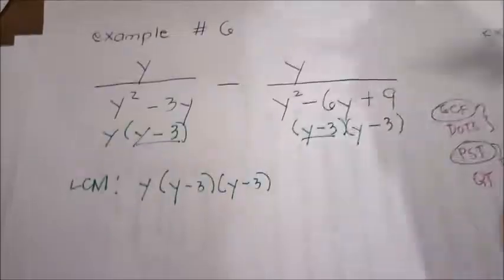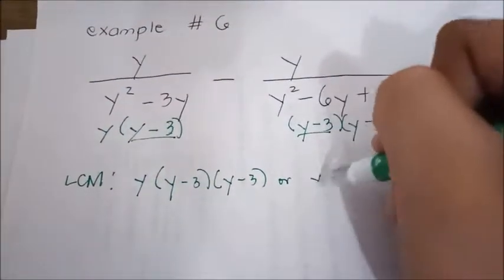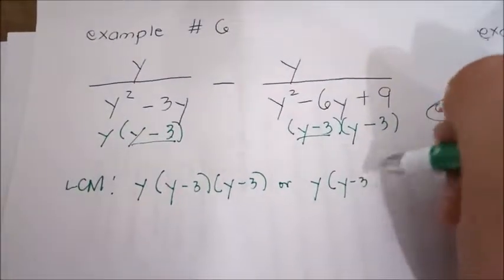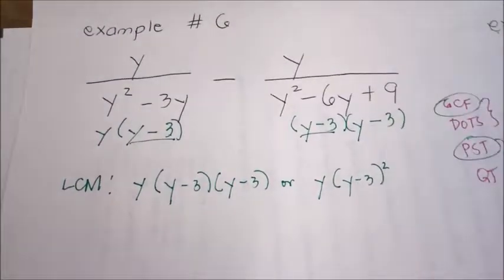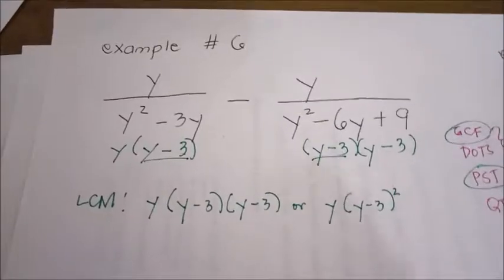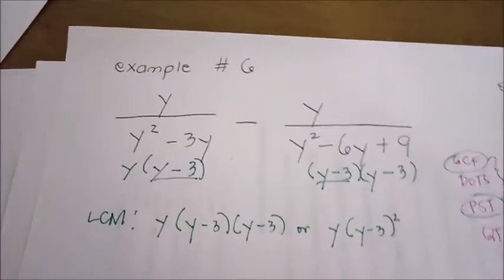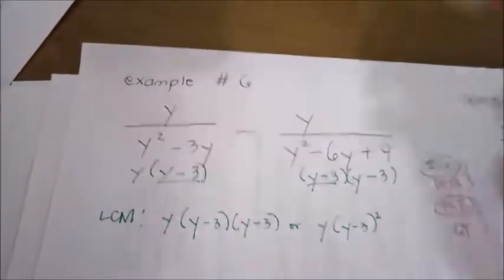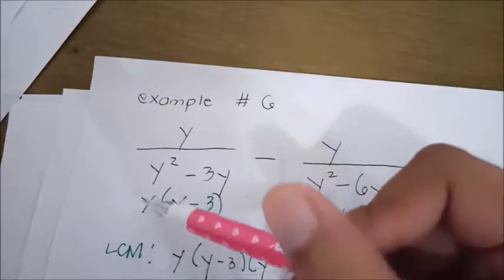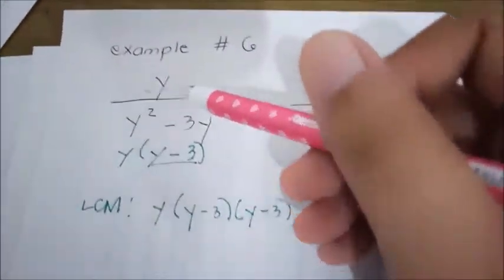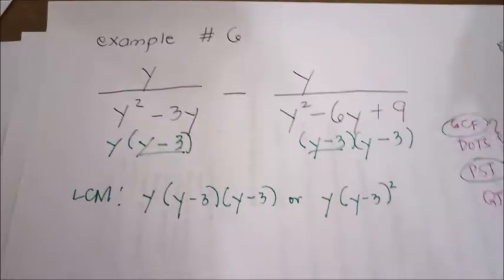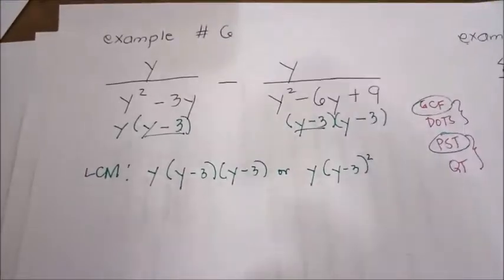Okay? Or, pwedeng isulat mo na y times y minus 3 squared. O, ayan. Tingnan na natin, ha? Pwede naman na yung iba, mapapansin, we can cancel out y here and y here. Pwede. Pwede rin namang hindi. Tingnan natin kapag hindi, no?